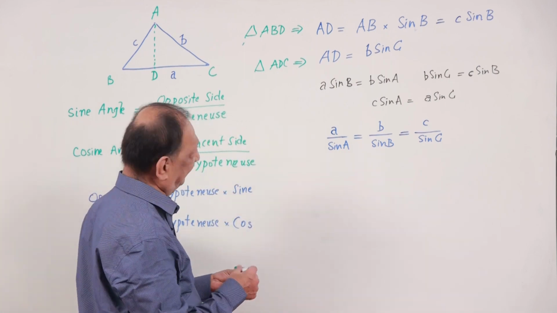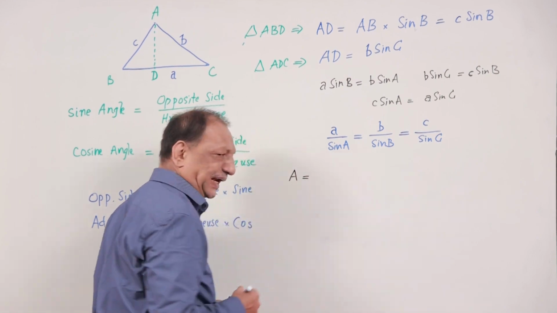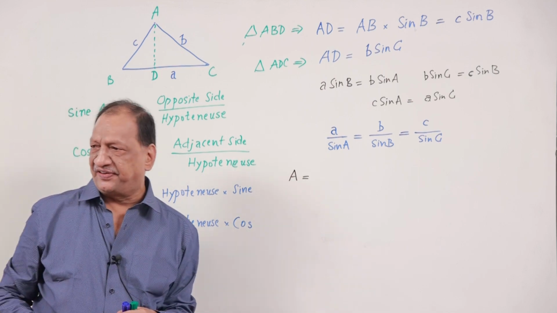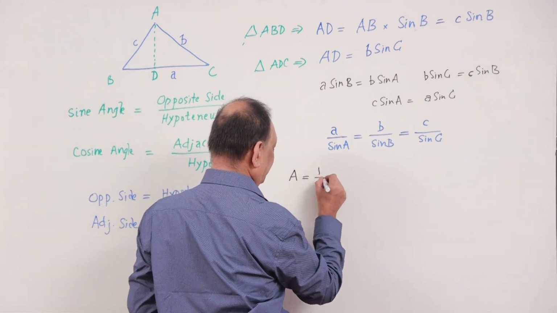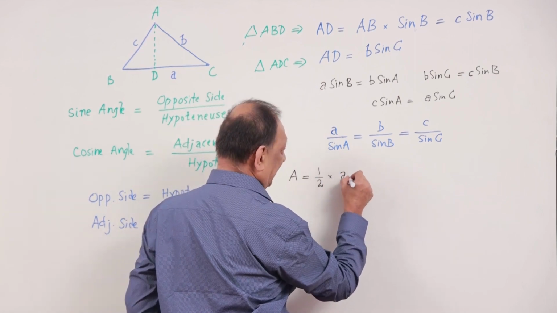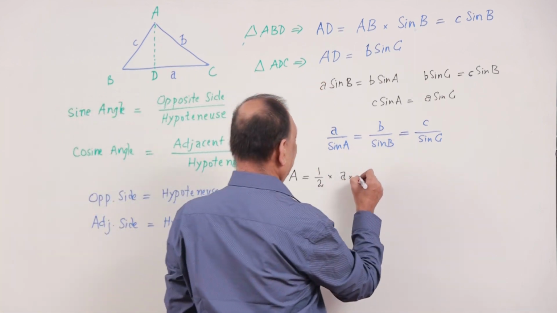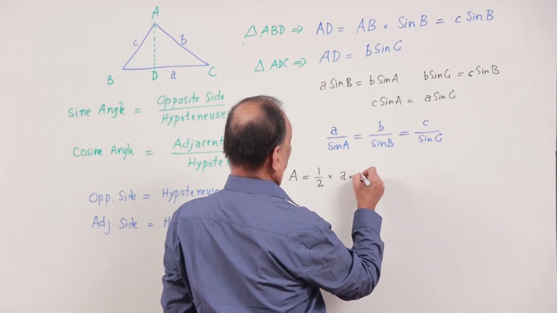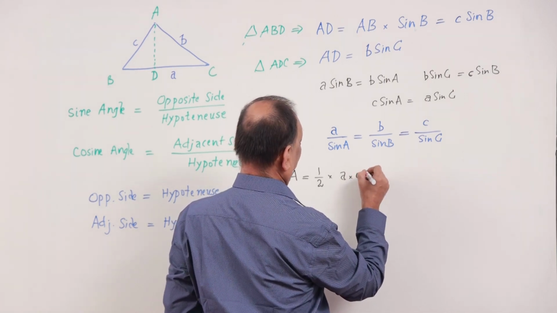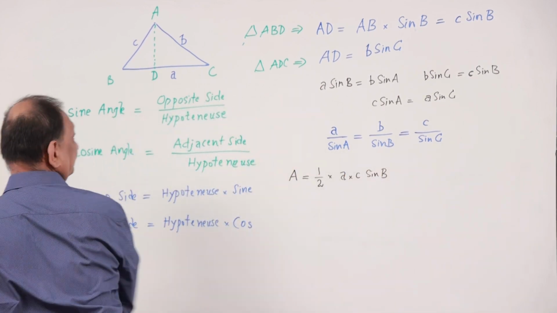Next is the area of a triangle. We can go to the area now. What is the area? I can calculate it in n number of ways. In this case, I will use BC as the base and AD as the height. Then it will be half multiplied by the base, which is A, multiplied by the altitude AD, and AD we already know is C sin B or B sin C. You can write both.